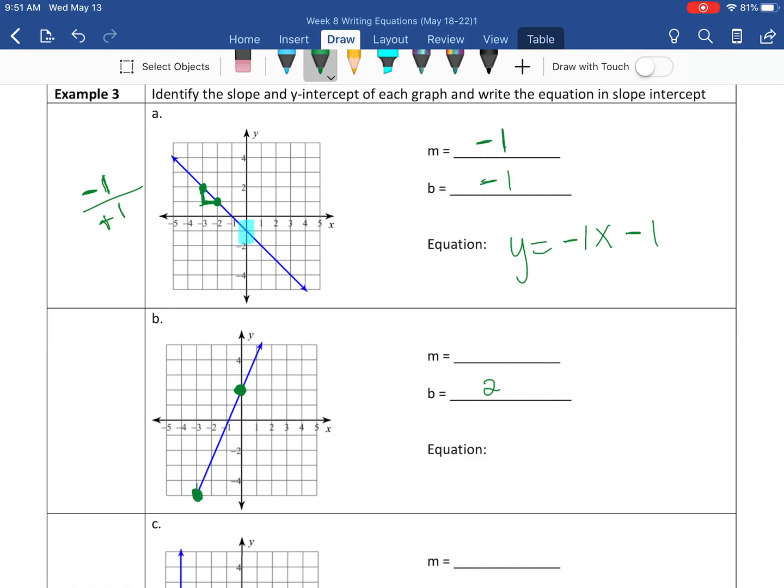So we have to go up 1, 2, 3, 4, 5, 6, 7. So up 7, so our change in y, over 1, 2, 3. And then our change in x is 3. So our slope would be 7 over 3. So our equation is y equals 7/3 x plus 2. And that would be our equation.